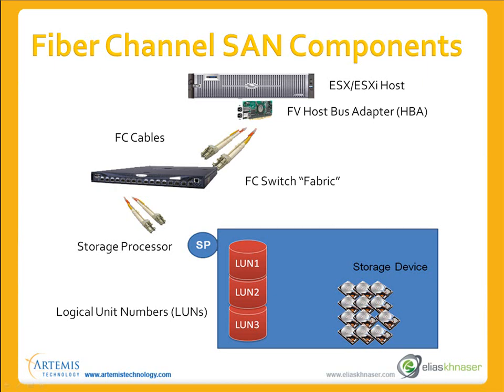Whenever the HBA or the ESX servers need access to this LUN, they communicate their request via the fiber channel switch, the fabric, to the storage processor, and the storage processor in turn takes this request over to the LUN and in turn over to the disk arrays or the physical disks.